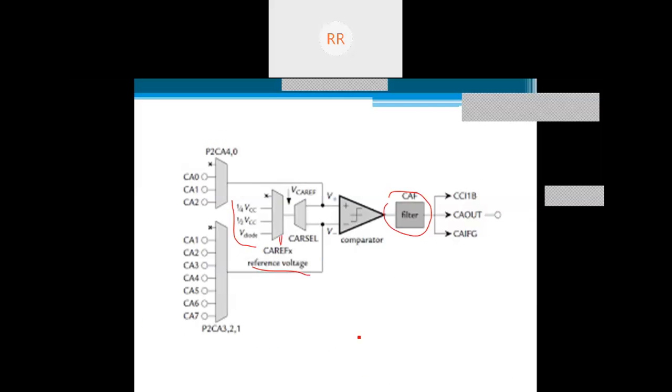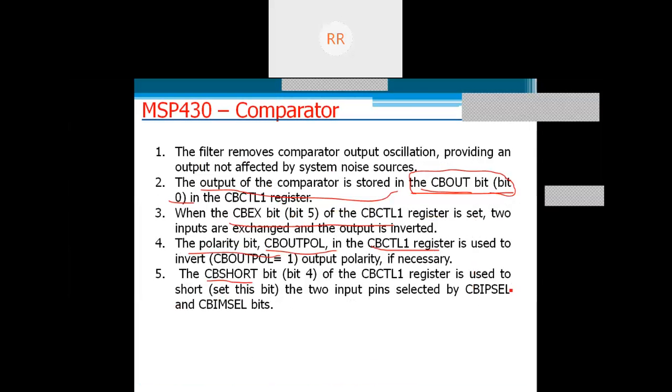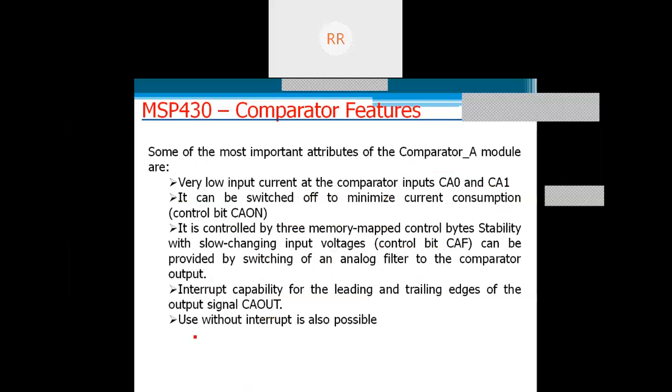That is the short bit purpose. The short bit of the control register is used to set this bit. The 2 input pins are selected by the CBIE IP selection and CBIM selection bits. So hope you understand the purpose of each and every bit. Based upon this particular programming, we can make use of the comparator for our comparison purpose.